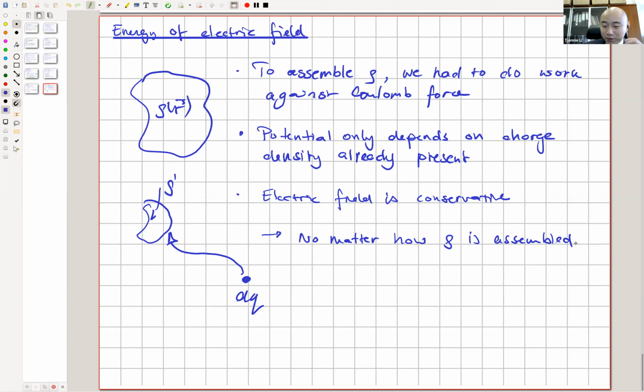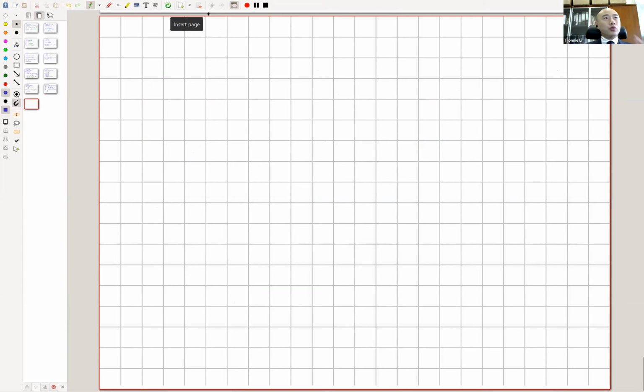Instead, I'm going to go from 0 all the way to my final charge distribution. This is the goal.